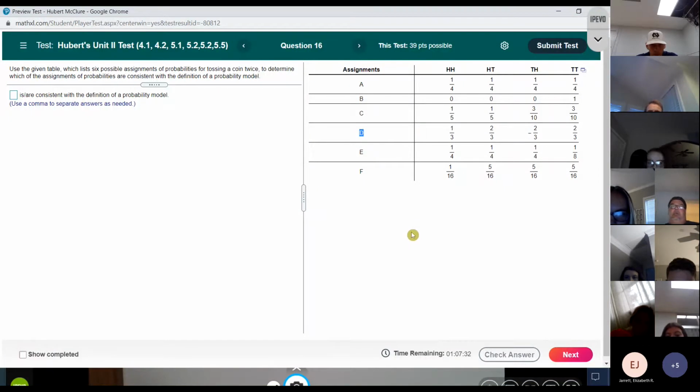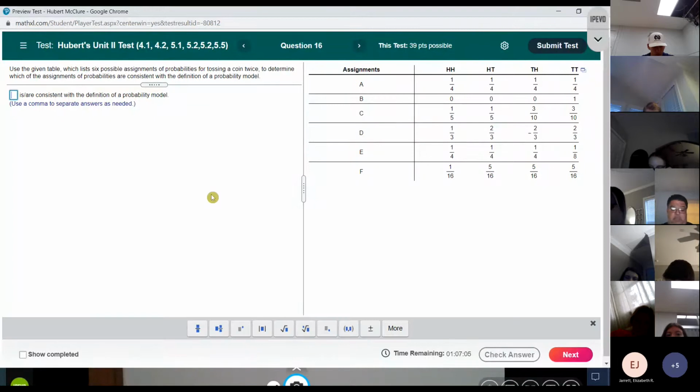E. Why? Doesn't add up to 1. Equals 7/8, doesn't it? Let's see, 4 will go into 8 2 times. That's 2, 4, 6, and 7. So A, B, C, and F.